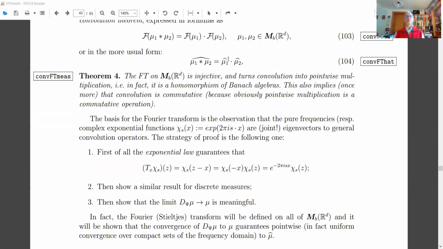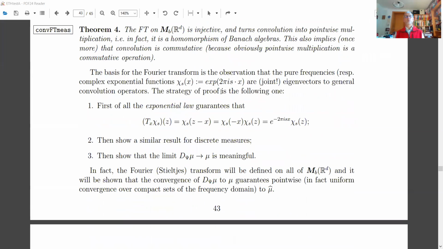The arguments that we can use, and I will skip some of the details for the moment, are based on the observation: you can look at the behavior of the operator which is convolution by Dirac. If you convolve a Dirac functional with a character, a pure frequency, you get a shifted version.